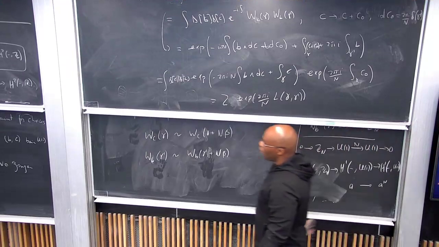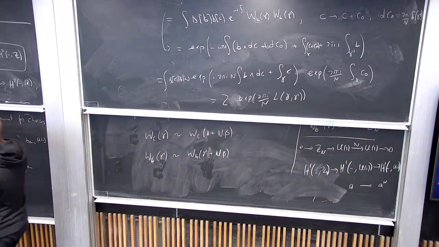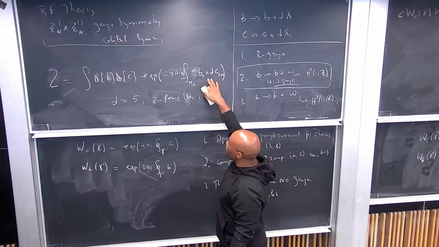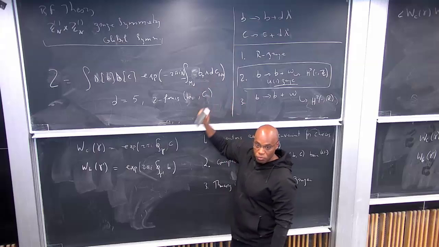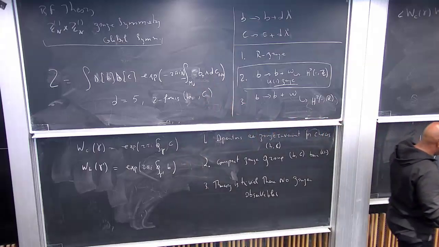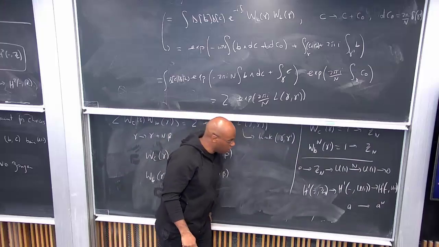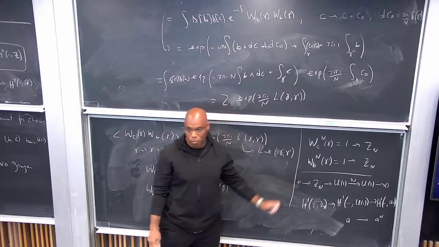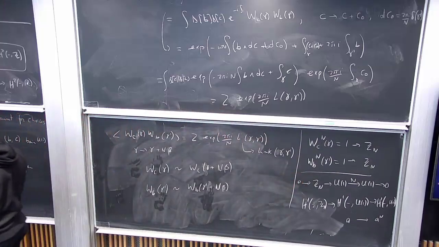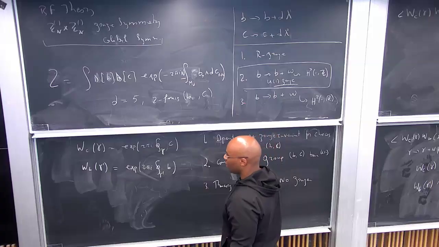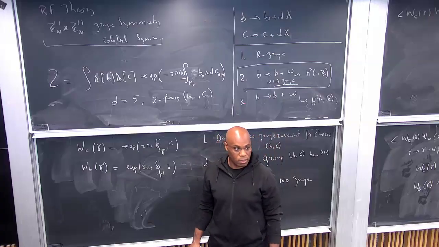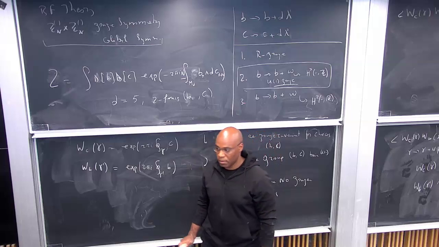So even though I started with a gauge theory, which has a U1 times U1 gauge group, what we observe actually in the gauge theory is that the gauge symmetry is smaller. It's much smaller than a U1 squared. The gauge theory is a Zn times Zn symmetry. Questions? Go ahead.